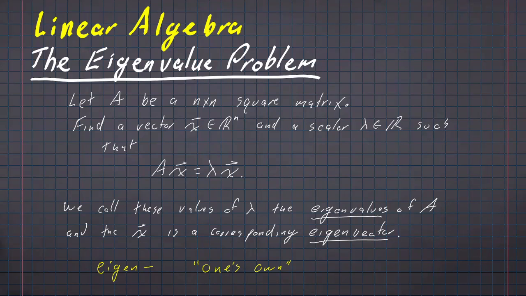The prefix eigen is a German word or a German root that translates roughly as one's own. What the German mathematicians who originally studied this problem were trying to say is that the eigenvalues are the property of the matrix.